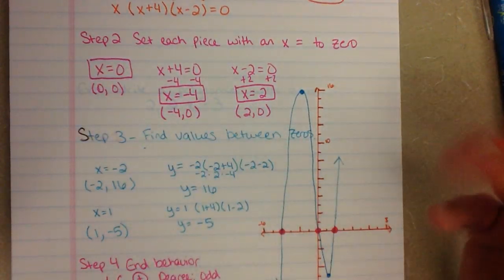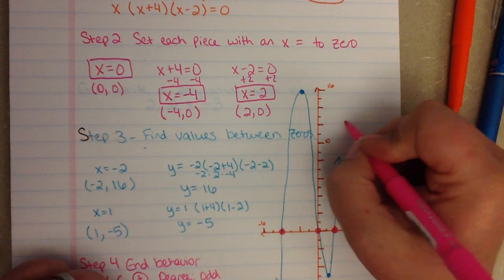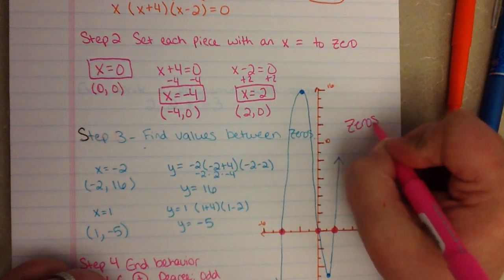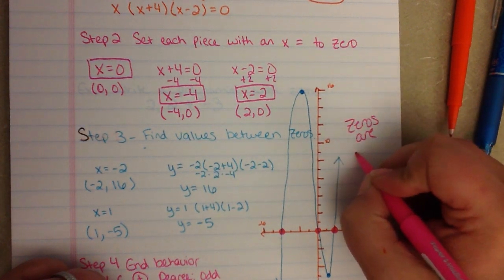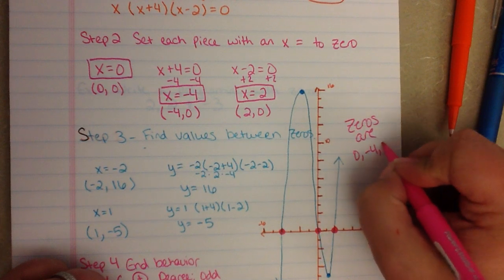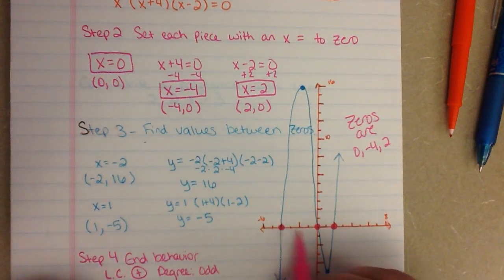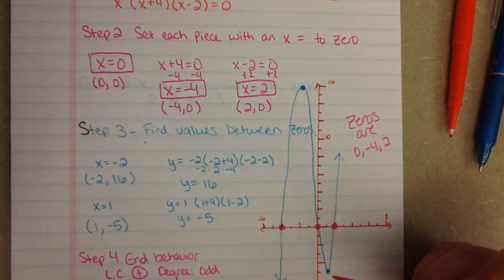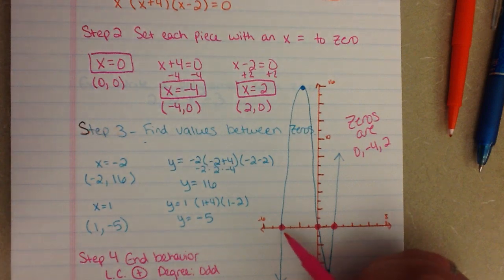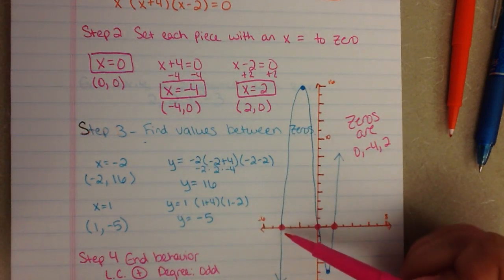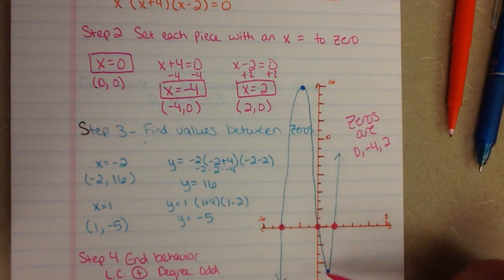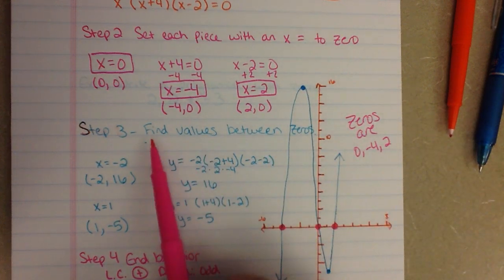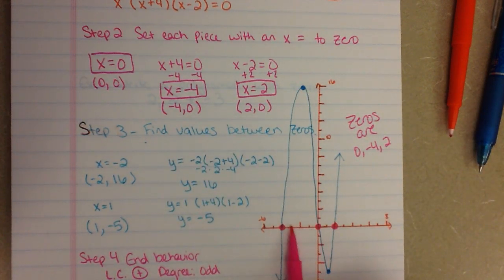That finds your zeros. So if we wanted to write that, we could write that our zeros are 0, -4, and 2. And we graph those on the x-axis because we talked about on our first page that zeros, solutions, factors, and x-intercepts are all the same thing. Then, to round out our graph and know how high and how low we need it to go, we pick values between our zeros.